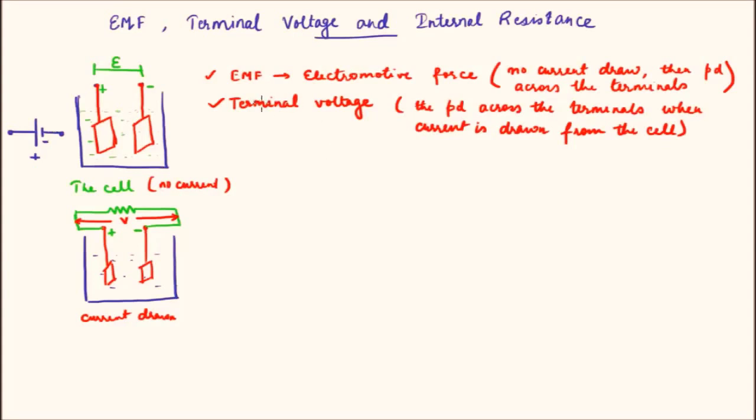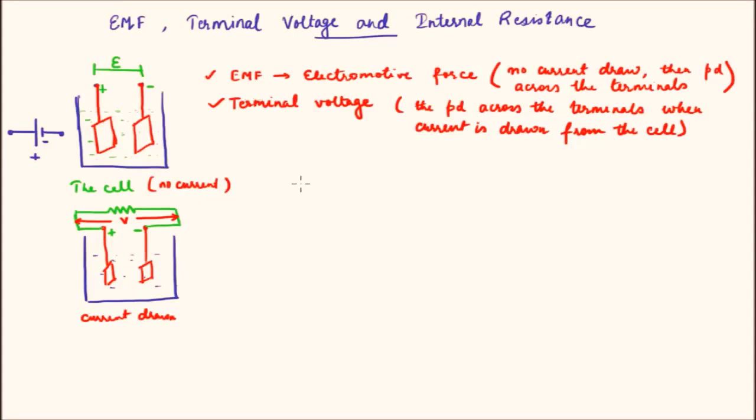let us see the definition of electromotive potential and terminal voltage in a different sense, in terms of how much work is to be done. So electromotive potential in terms of work is defined as the energy required per unit charge in taking a positive charge around the complete circuit of the cell.